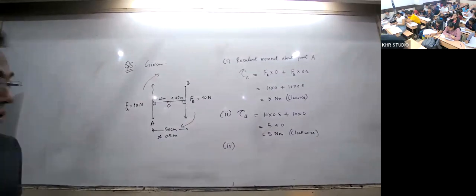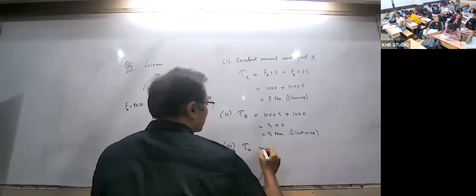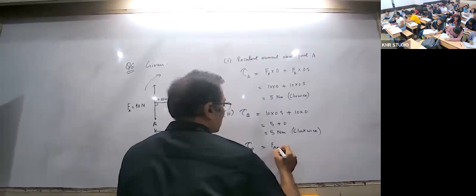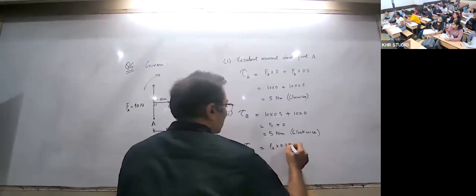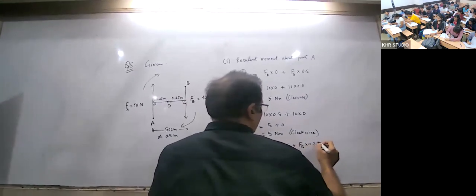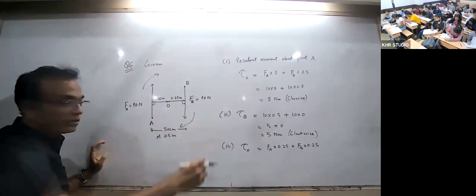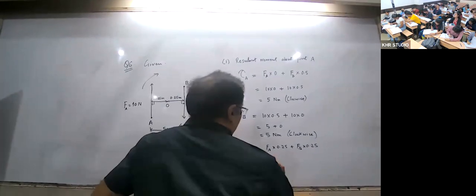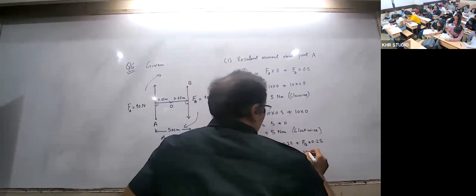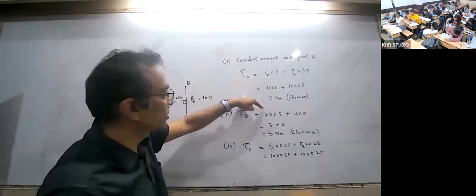Now you have to find the resultant moment about O. So in this case, it will be F_A into 0.25 plus F_B into 0.25, because O is equidistant from both the forces. Again, this is 10 into 0.25. You can also write one extra step in terms of forces.